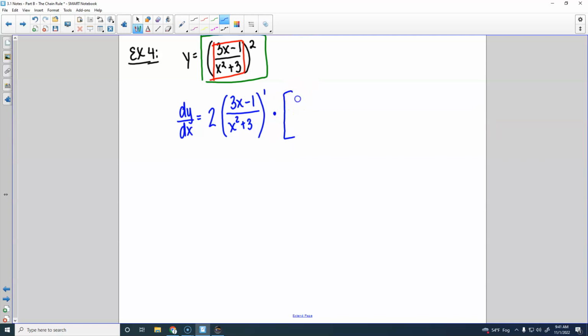So we could do x squared plus 3 times the derivative of 3x minus 1, which is 3, minus high, 3x minus 1 times the derivative of the low, which is 2x, all over x squared plus 3 squared here.